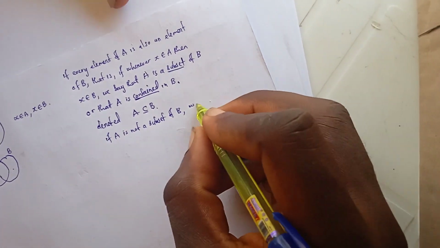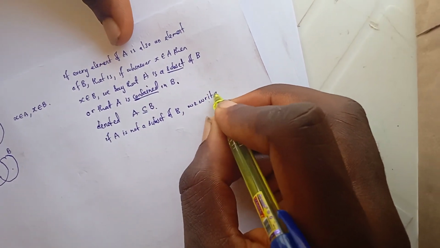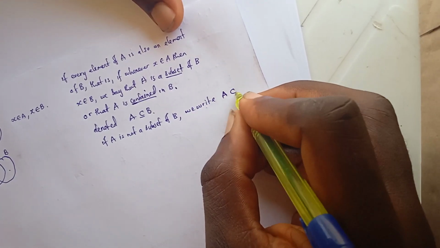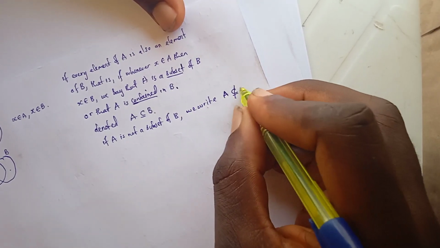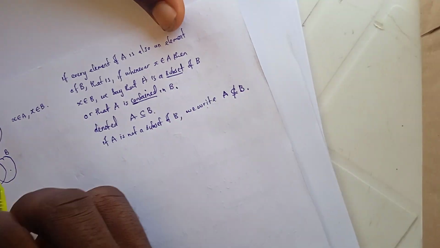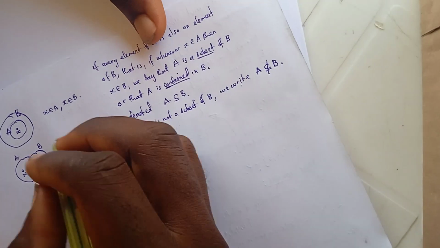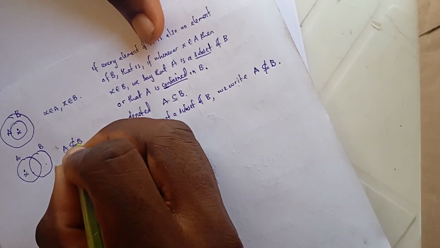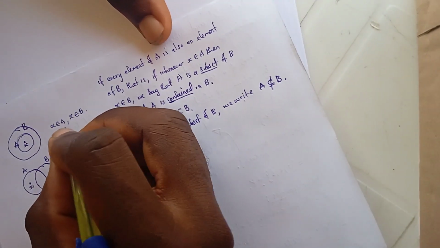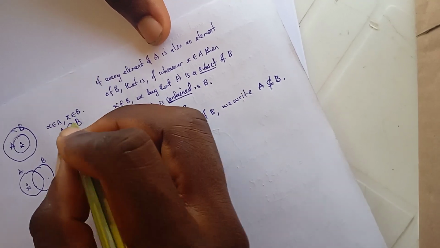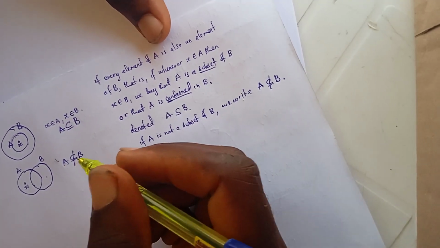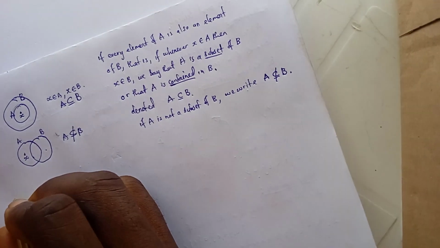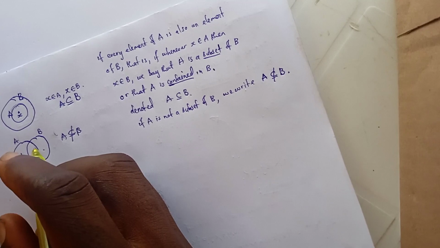We write it in this form: A is not a subset of B, just as we see here. Meanwhile, this shows that A is a subset of B.